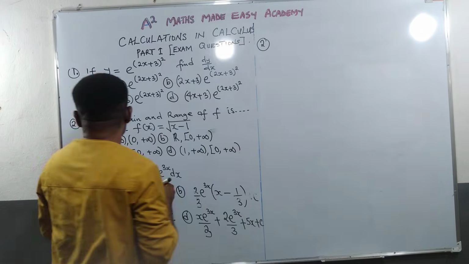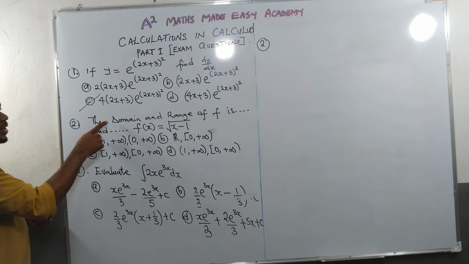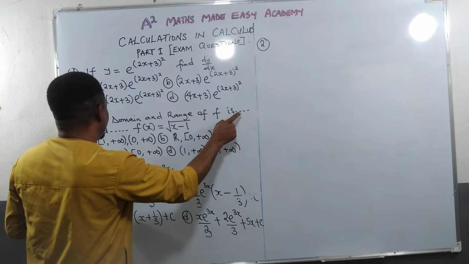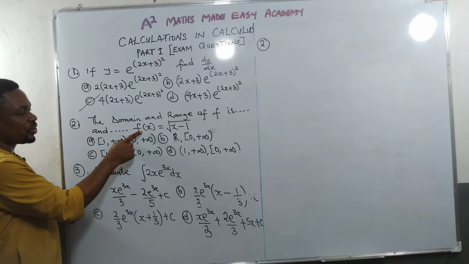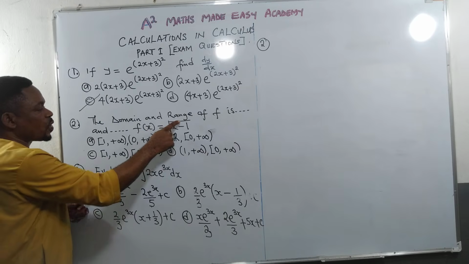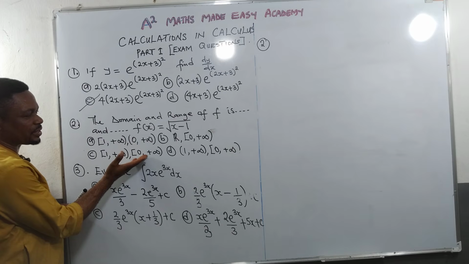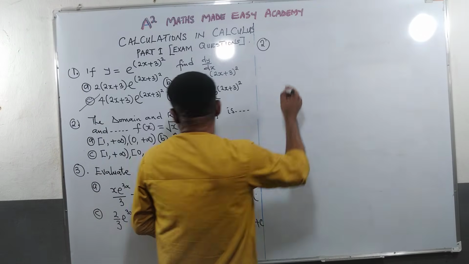I want you to watch. Number 2 says, find the domain and range of f. The domain and range of f is dash and dash. And this is the function f of x is equal to square root of x minus 1. Now, these are the options. Am I communicating?